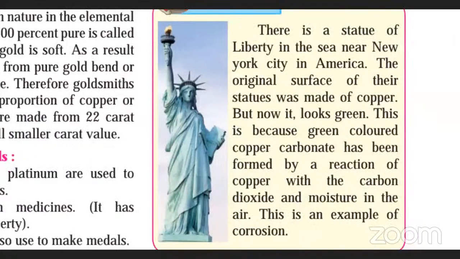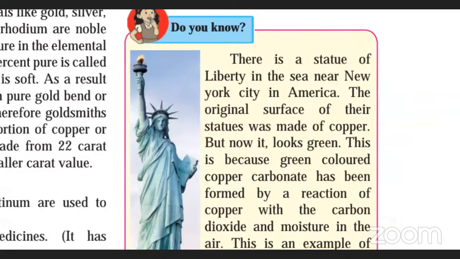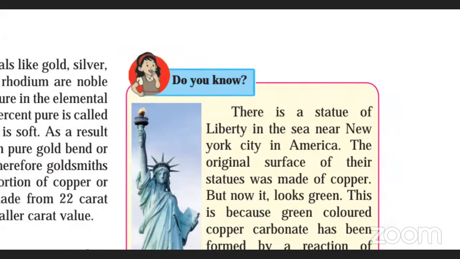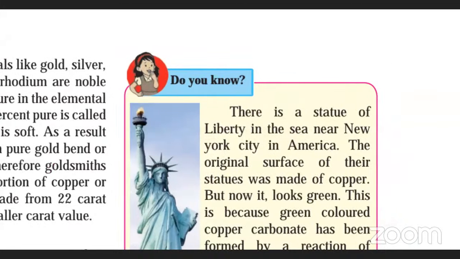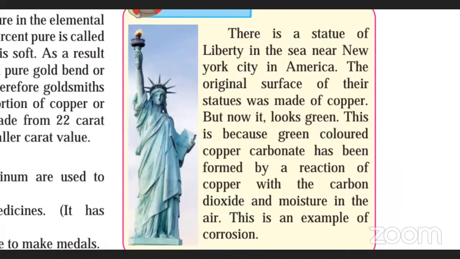When copper reacts with carbon dioxide and moisture present in the atmosphere, it forms copper carbonate, and because the color of copper carbonate is green, the color of the statue is slowly changing to green because the copper of the statue is reacting. So the original color of the statue is getting changed into green, which is because of copper carbonate, which is continuously forming because of the chemical reaction. So this is again an example of corrosion, means how the metal surface is getting destroyed because of gases present in the atmosphere.